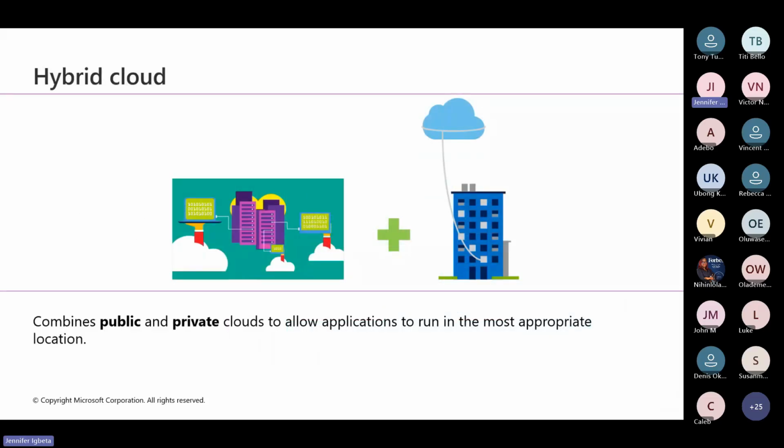Last but not the least, in our slide is what? Hybrid cloud. So the hybrid cloud provides what? The hybrid cloud provides the two. That's why it's hybrid. It provides private and public cloud services.